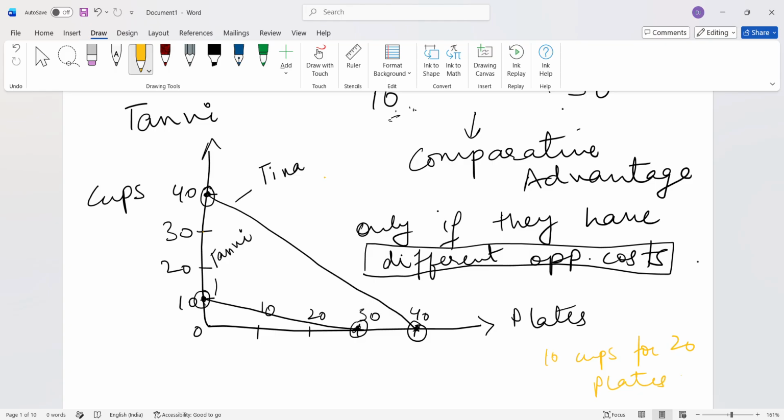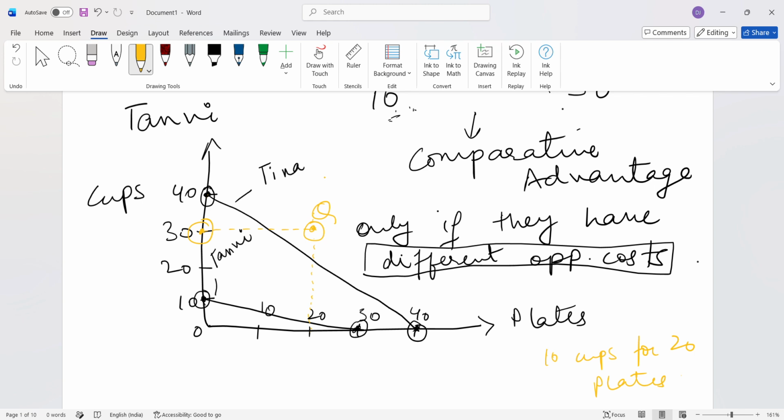She's producing no more plates. She's only producing cups, 40 cups. But then she's trading those 10 cups for 20 plates. So she is left with only 30 cups. 10 cups she has given, but now she gets 20 plates. So this becomes the point of consumption for Tina now.